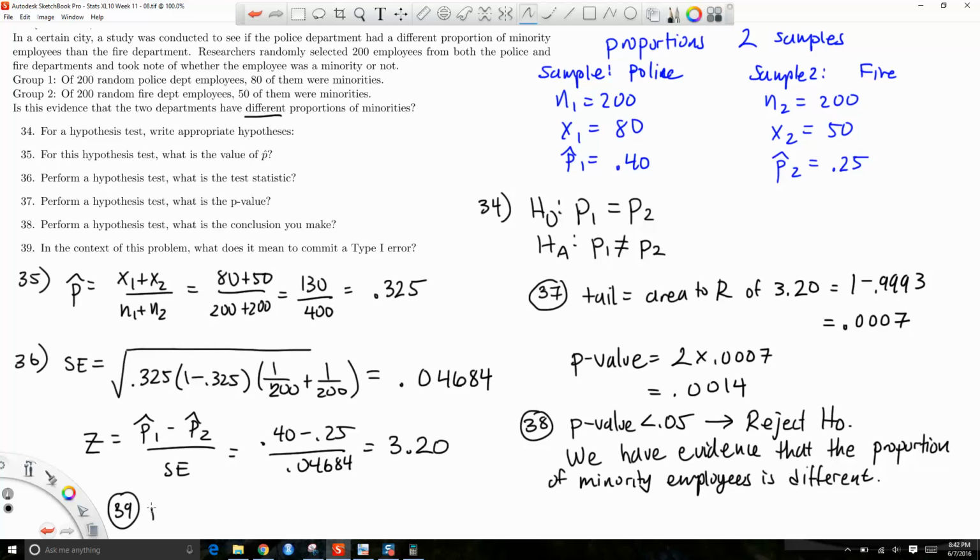So a type 1 error would be that both departments have the same proportion of minority employees, but our conclusion is that they are different.